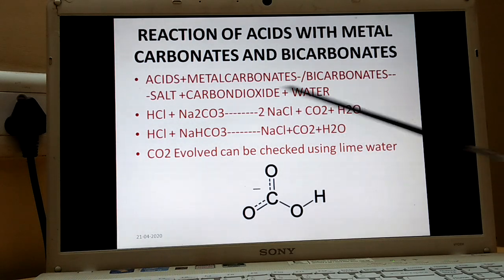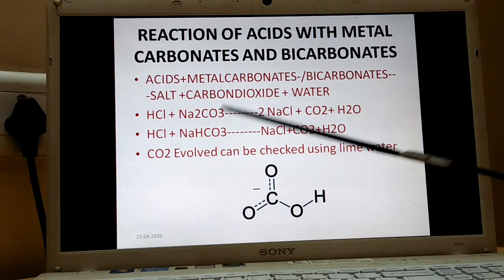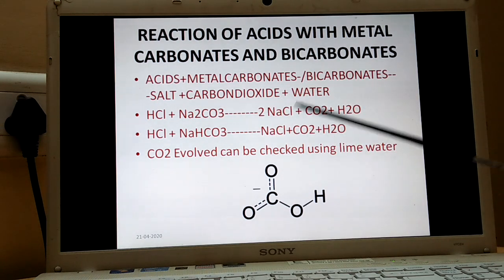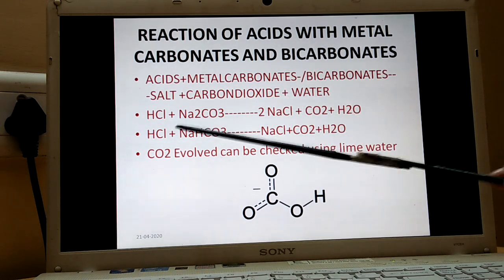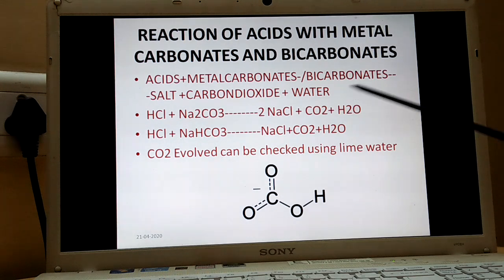Atoms of reactants and products should be equal on both sides. Here you can easily see 2 atoms of sodium, 2 atoms of sodium, 1 atom of chlorine on the right side and 1 atom of chlorine on the left side. So all the atoms are equal, so it is a balanced chemical equation.